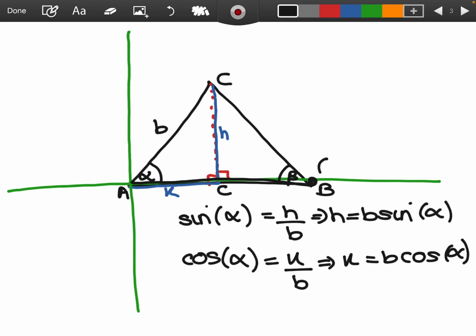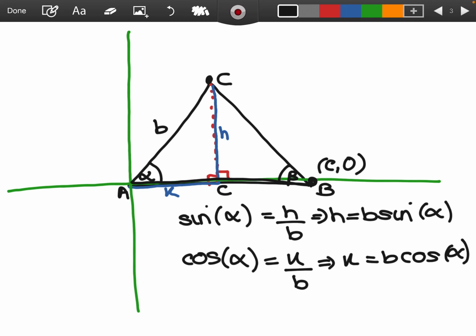Well, the length of this whole side here is c, since it's opposite the angle gamma, or the vertex uppercase C. So the coordinates of that point B are going to be (c, 0), because alpha is in standard position, which means that the x-coordinate of B is c, the length of that line AB, and it sits on the x-axis, so its y-coordinate is 0.